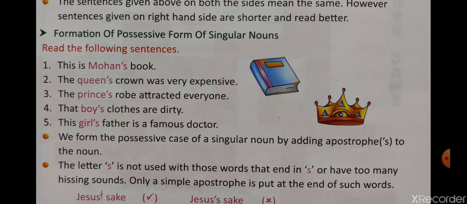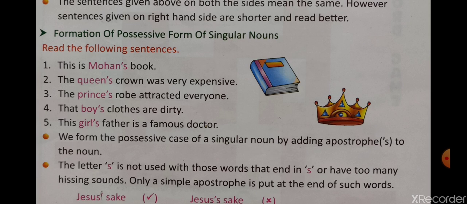When we are making a possessive form of a singular noun, we use the singular noun and we put apostrophe s. While in a plural noun, the word is already plural. So we just use apostrophe, and there is no s after, but there should be an s before the apostrophe. Then only the plural form of the possessive form will be correct.